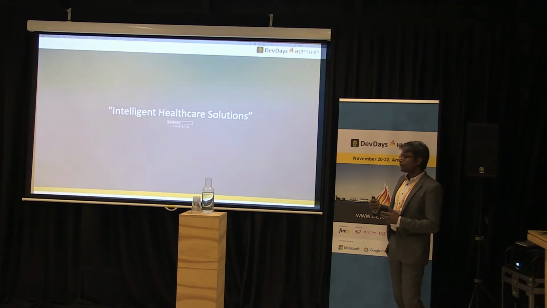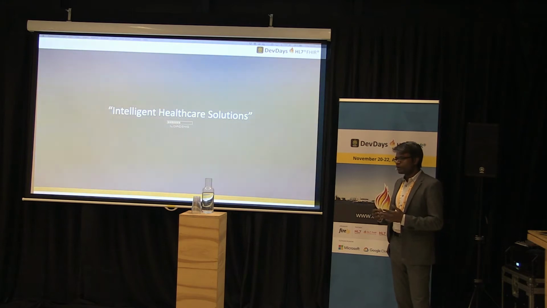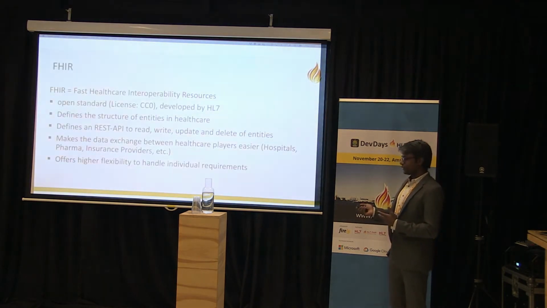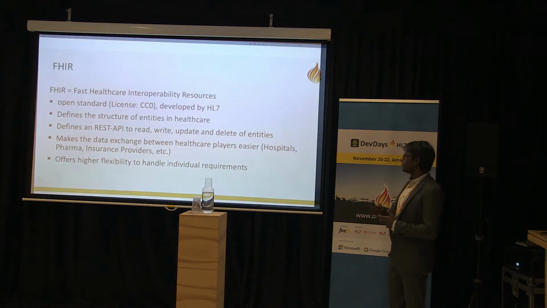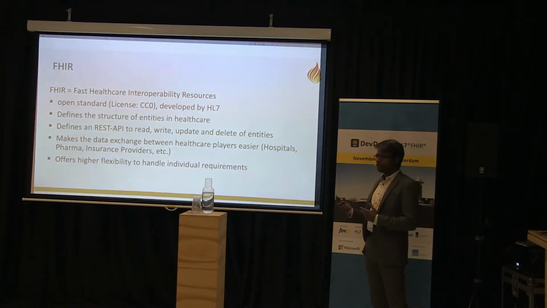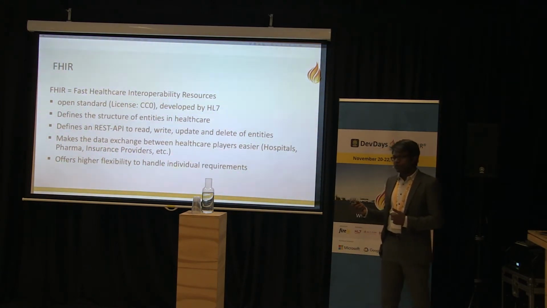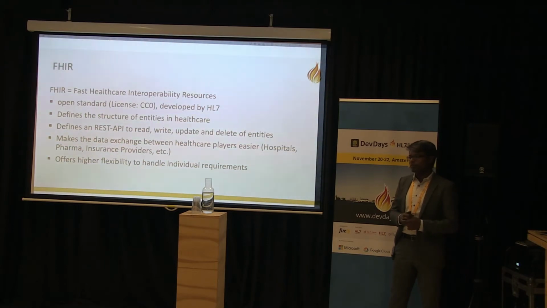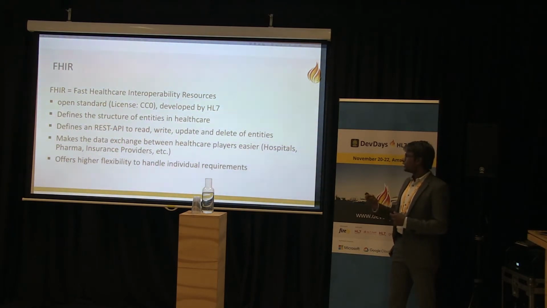But what slowed this process down is that, as we have seen, the UI5 framework is completely industry agnostic and doesn't really have healthcare support. We have been talking about FHIR, so I don't have to go into detail about the things mentioned here. We know very well how important FHIR is, but UI5 did not have support for FHIR, so that really slowed things down.